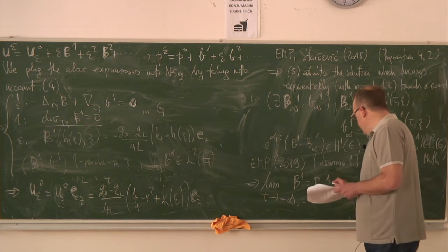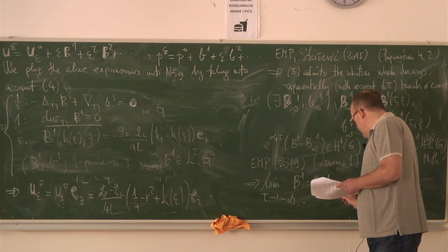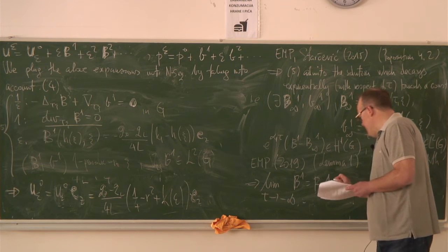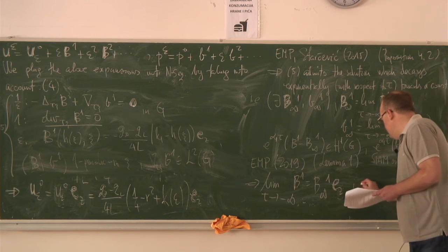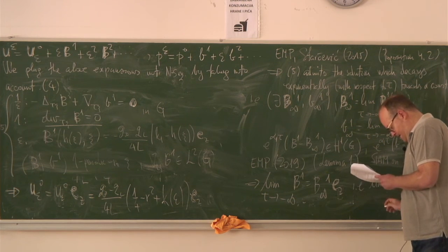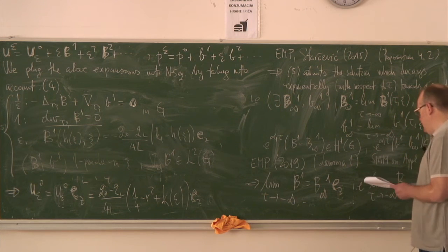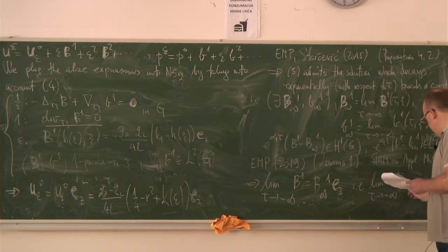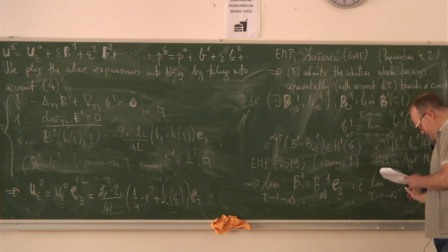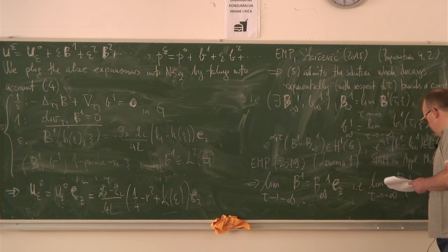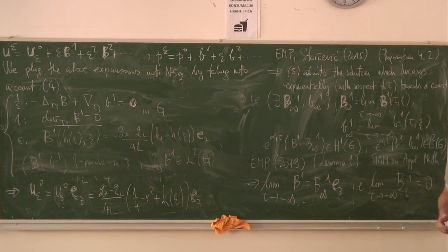So this is now not a constant vector, but just a constant. In other words, we have that this component of this constant goes to 0 when tau goes to minus infinity. Okay?